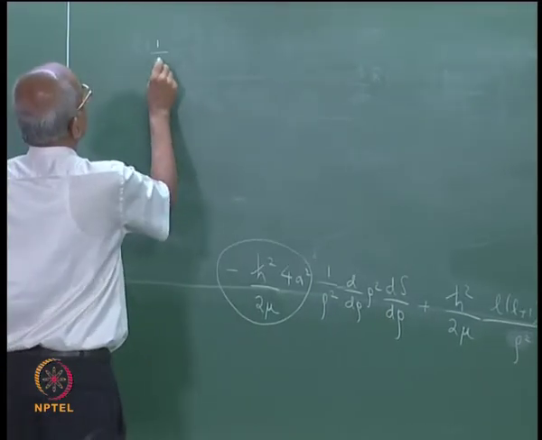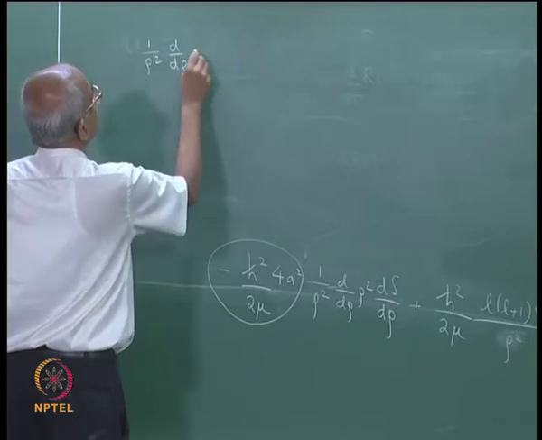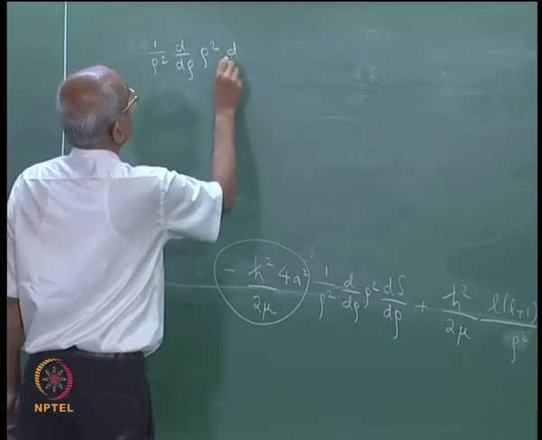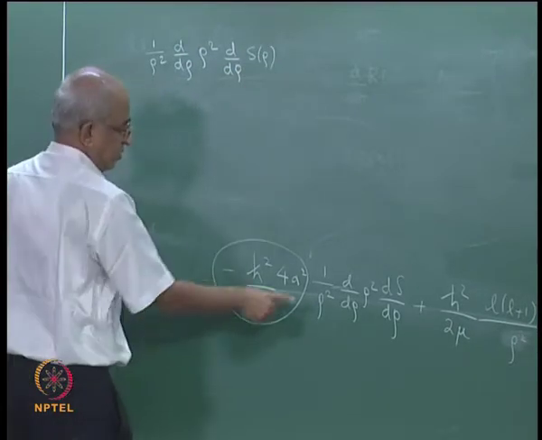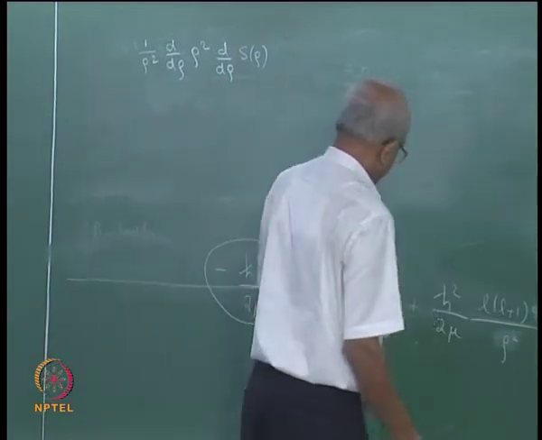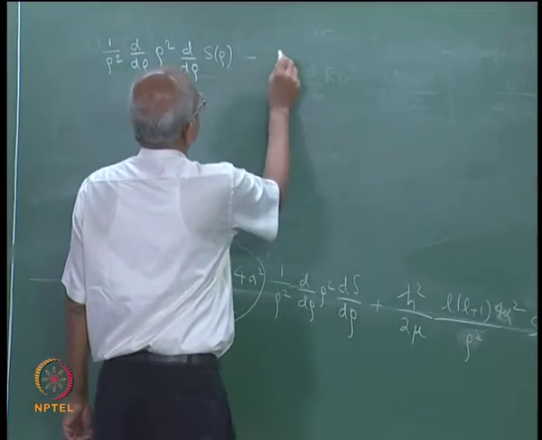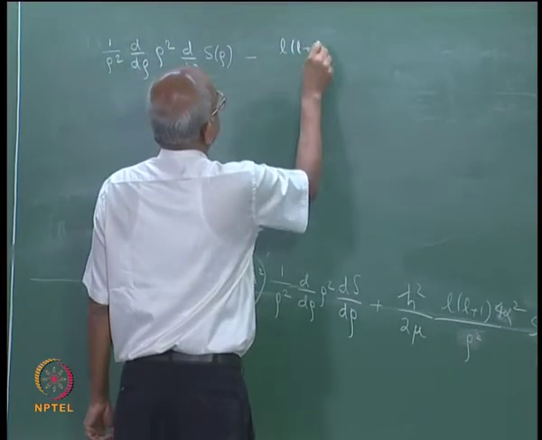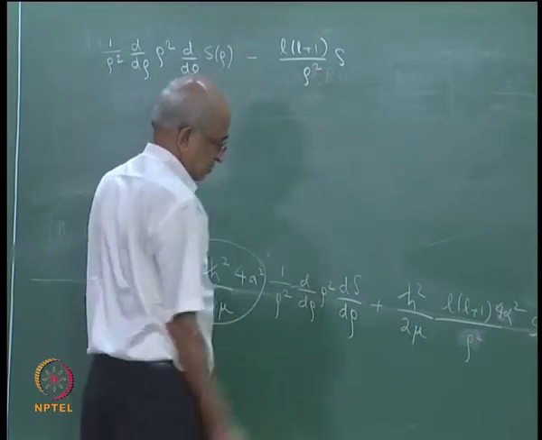You will get 1 by rho square d by d rho square, that will be my first term. This term will become minus L into L plus 1 divided by rho square into S.